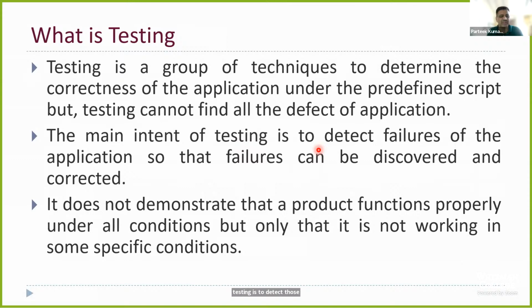Normally there are two different teams. One is the team of developers, and another is the team of testers. Once the developer develops the code, it is given to the tester, and the tester thoroughly tests that code. Then, based on their findings, they send the bug list back to the developers, and the developers act on those bugs. The objective of the testing team is to detect all the failures in the applications.